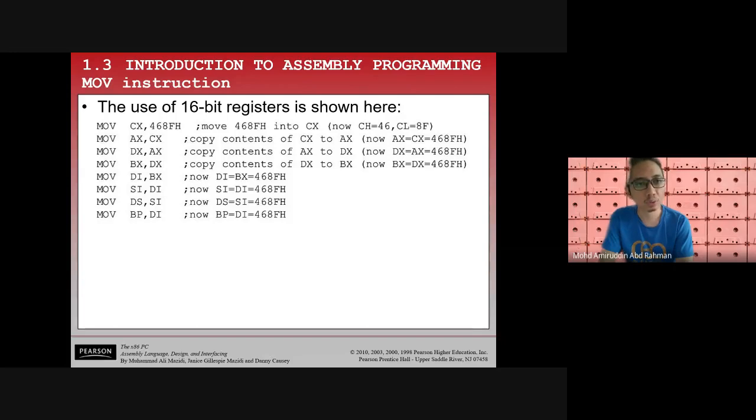So now there are also the index registers, DI and SI, and then we can also move to DS and BP, the pointer. You can look over there. We can move between same-bit registers, so it's not a problem as long as the number of bits within the registers are similar.